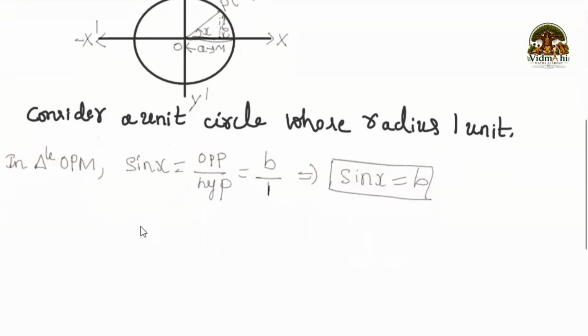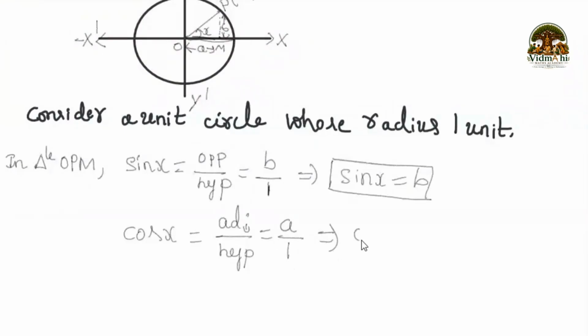Next, cos x. Consider the same triangle OPM. In this triangle, cos x means we know that that is adjacent by hypotenuse. Adjacent side is nothing but A and hypotenuse is 1.